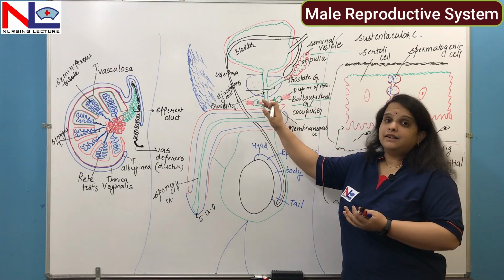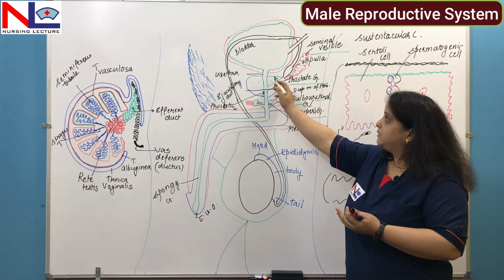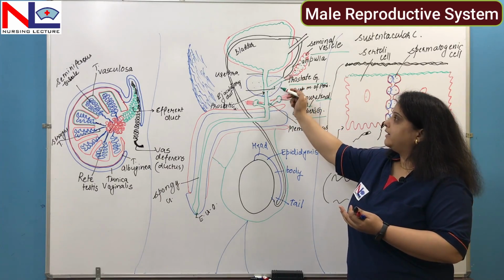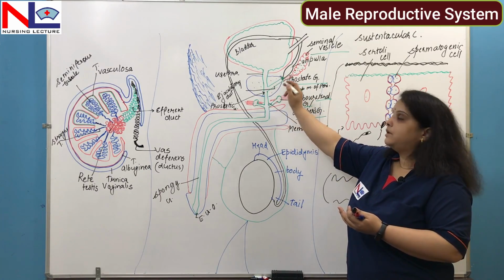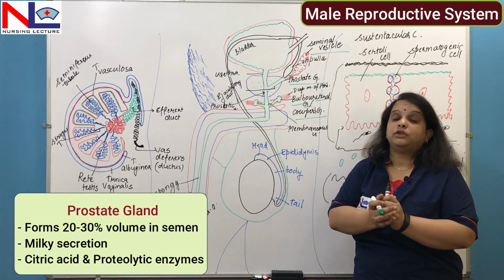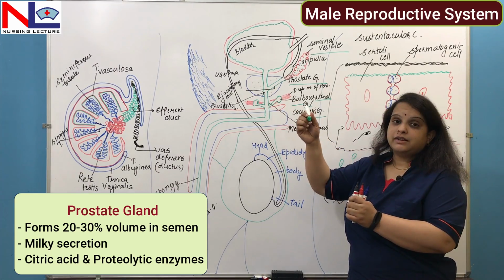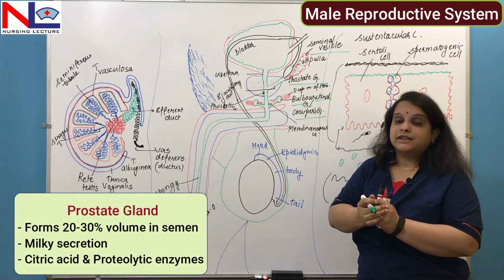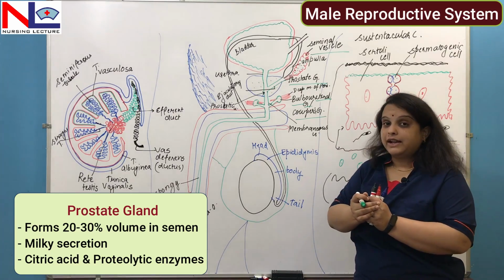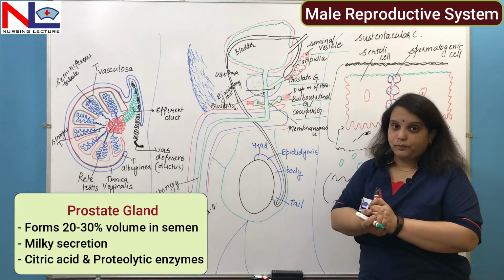Now the other gland, which lies inferior to the bladder, with its base facing the bladder and apex downward, is the prostate gland, and this contributes about 25 to 30% of semen, and its composition is mainly citric acid. It is also alkaline in nature and contains some proteolytic enzymes.